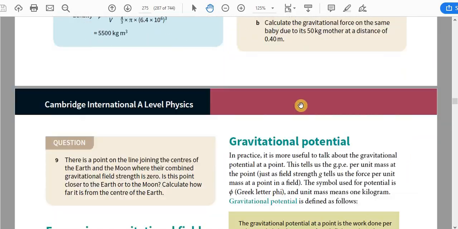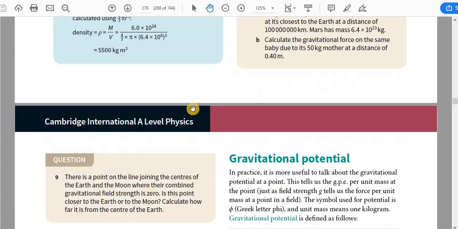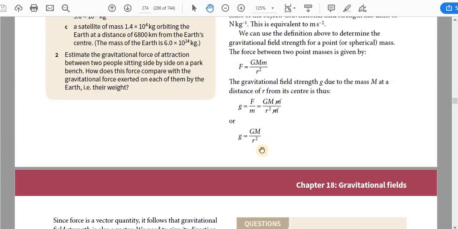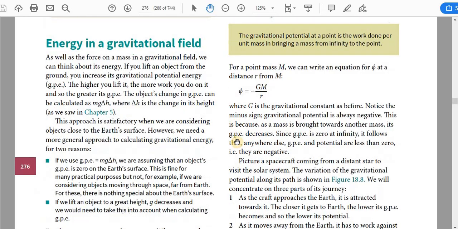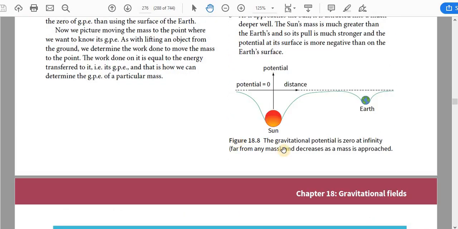Now you know from this equation, g equals GM over r squared. The greater the M, the greater the gravitational field strength. The gravitational potential is 0 at infinity, far from any mass, and decreases as a mass is approached.